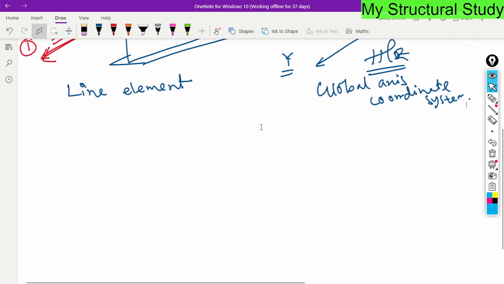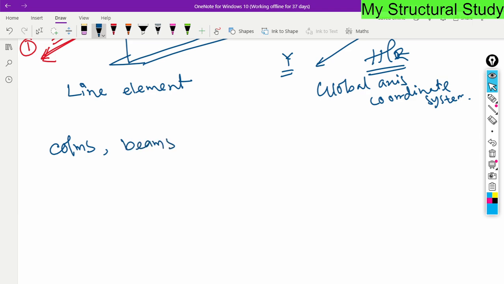Now, what types of structural elements fall under the category of line element? Suppose columns, beams, braces.